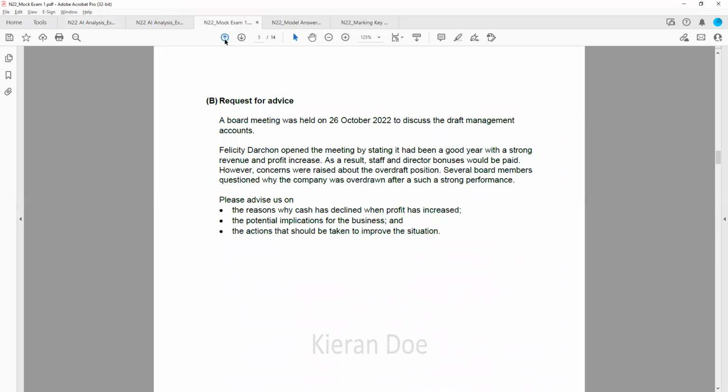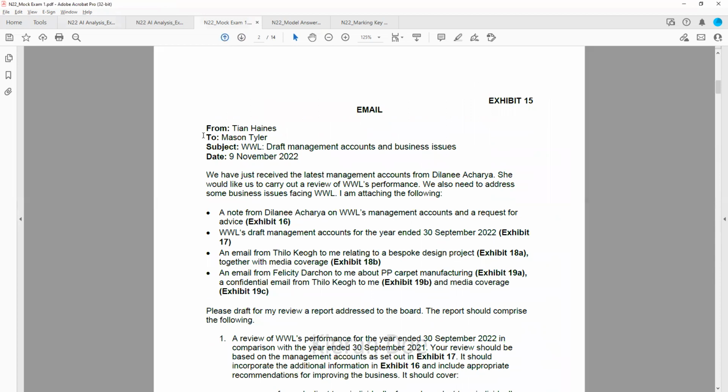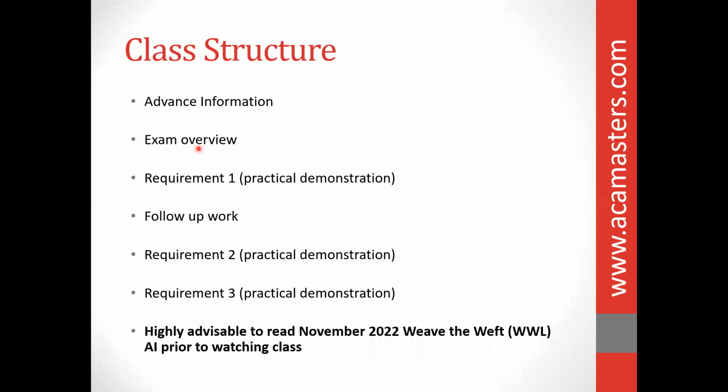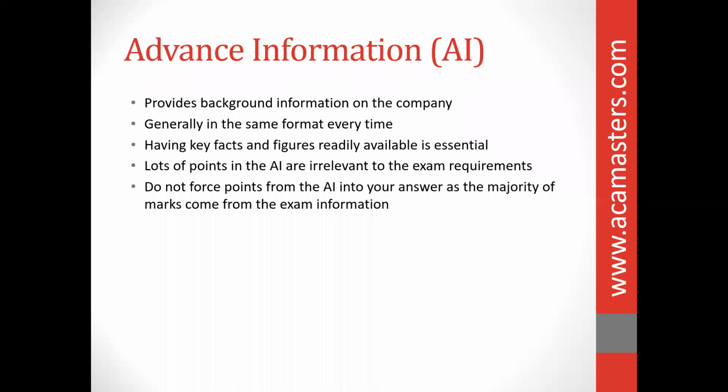But I do suggest that you do that because, as I say, that will help you identify and understand which points I'm using and why, and particularly some of the AI points which I may bring in to my answers. So the AI provides background information on the company. And as I've explained, it's generally in the same format every time.